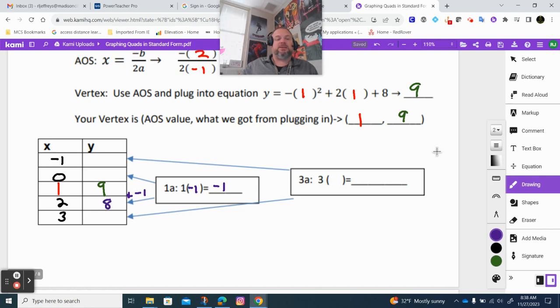So, these are both 8. All right. Same thing here. -1. So, we get -3. So, 8 plus -3 is the same thing as 8 minus 3.